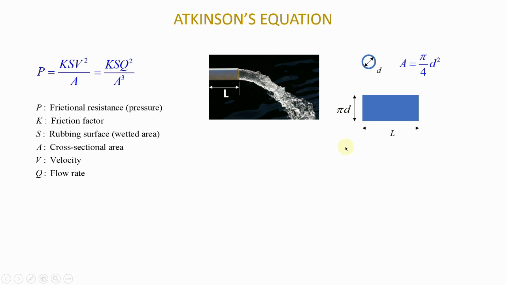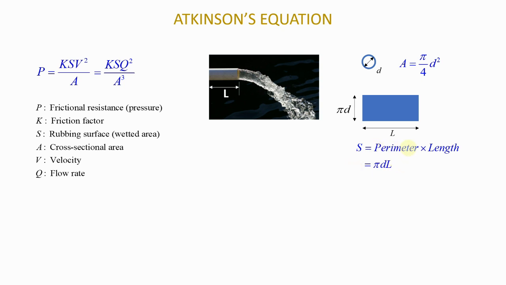And so the area that is wet with water is all of this, okay? It's all the inside area of the pipe, all of this. And because this is a rectangle, therefore that area is the area of the rectangle. So what is it equal to? It's basically equal to the perimeter of the circle multiplied by the length. And this is what we refer to as the rubbing surface or the wetted area.